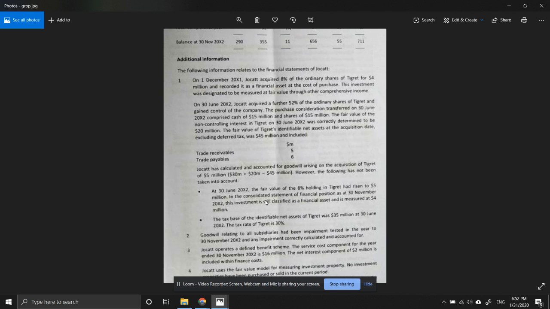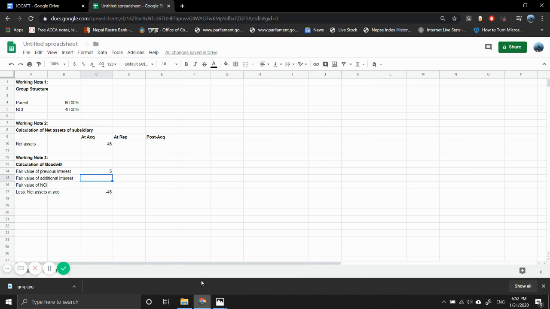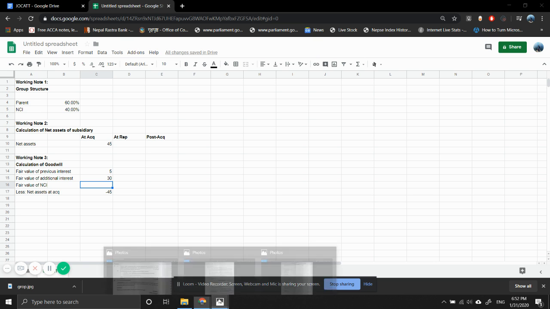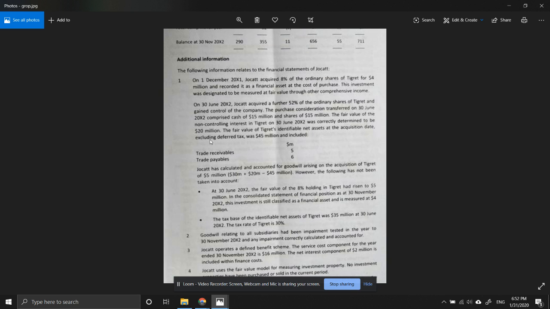How much did we pay? Over here, cash and shares, 15, right? So it equals 15 plus 15, 30, right? And then NCI 20.